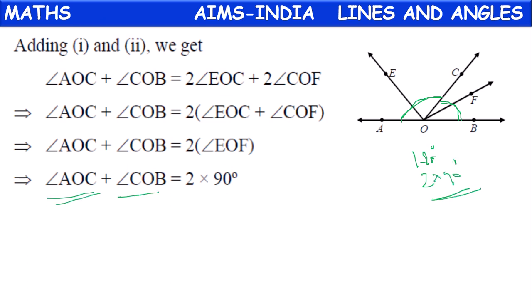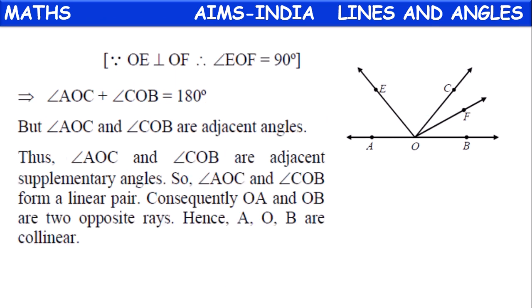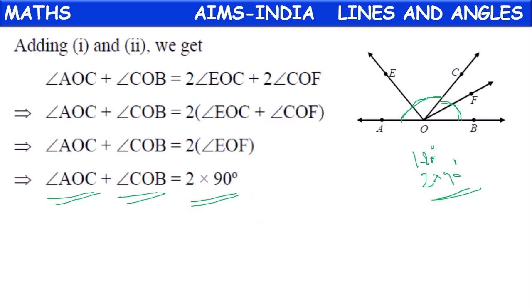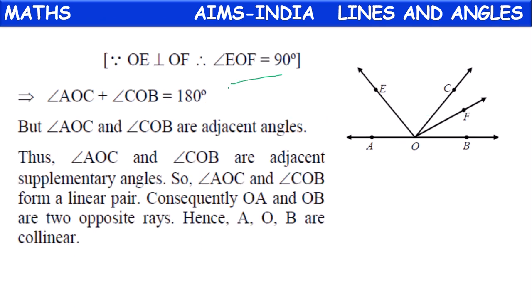So AOC plus COB can be written as 2 into 90 degrees, which means EOF equals 90 degrees.